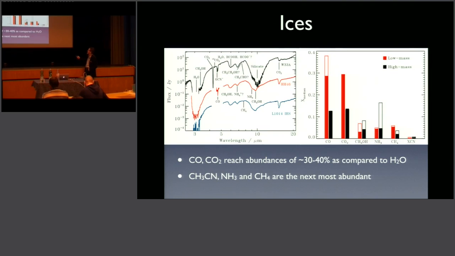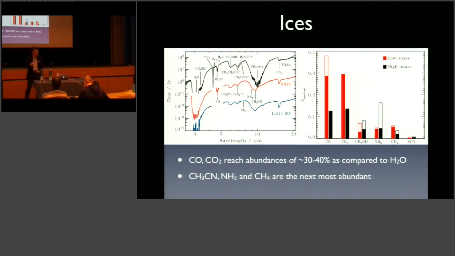Let's focus on the low mass case only, because these are the ones that we are considering now. They also contain some lower abundance, but still between 5 and 10%, of, this is not CH3CN, sorry, it should be CH3OH, methanol, ammonia, and methanol ice.